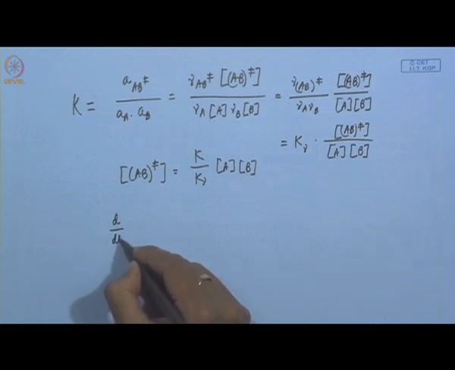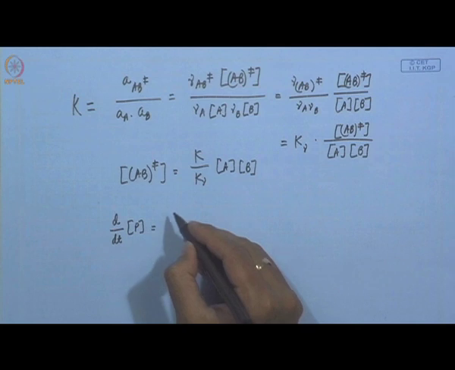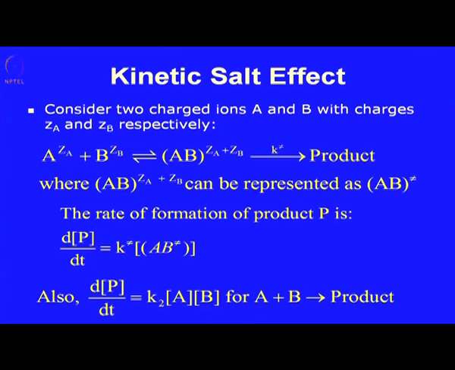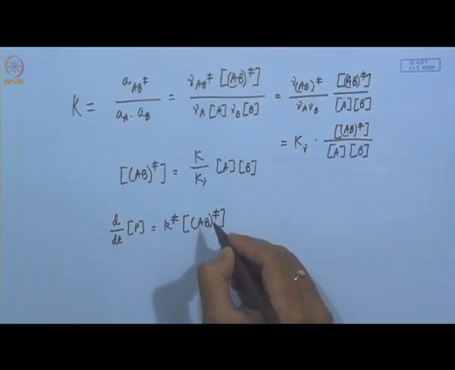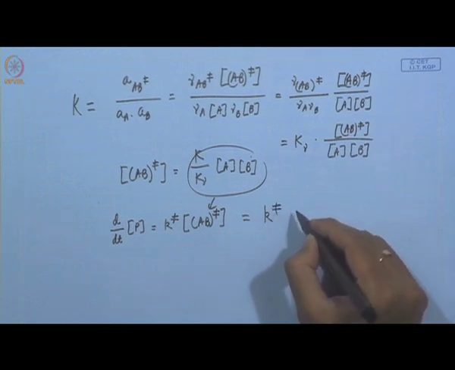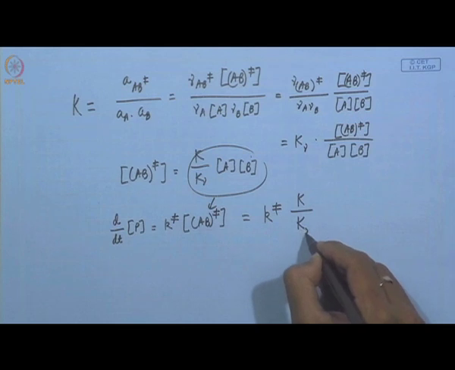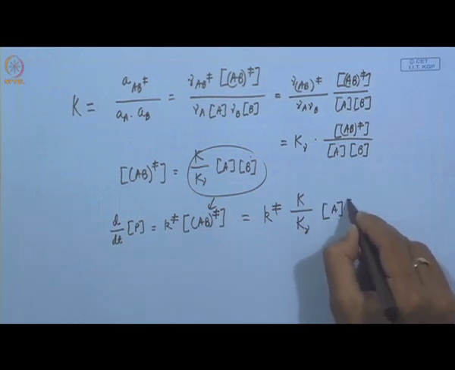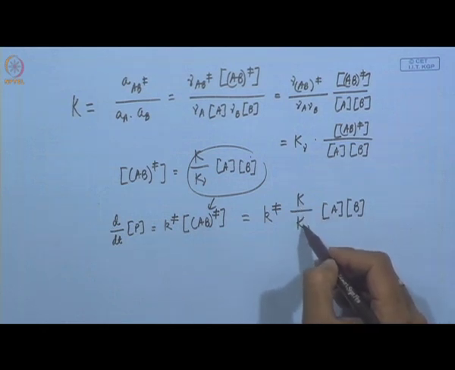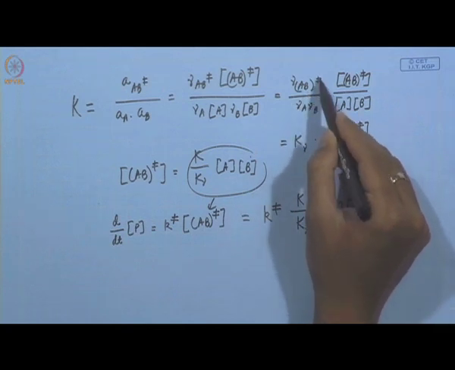Going back, dP/dt is K double dagger times the concentration of AB. So we put this in: K double dagger times K divided by K gamma, times A times B. So the rate of product formation can be written this way, where this is your equilibrium constant and this is the ratio of the activity coefficients.